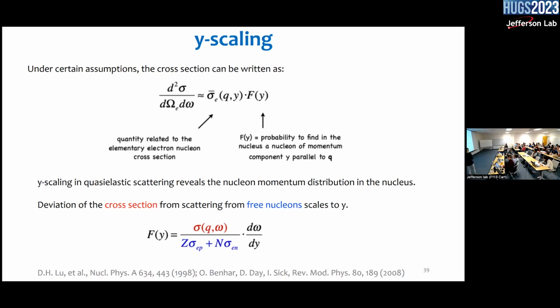So y scaling in quasi-elastic scattering tells us about the nucleon momentum distribution inside of the nucleus. And so the deviation of the cross-section from scattering of free nucleons basically scales with y. And so we can rewrite that down here. You can see you have the cross-section with Z protons in that interaction and N neutrons in that interaction, and the dependence on the y scaling variable.